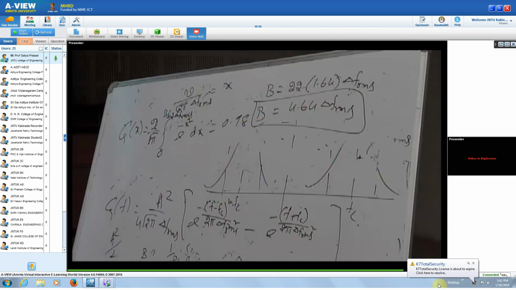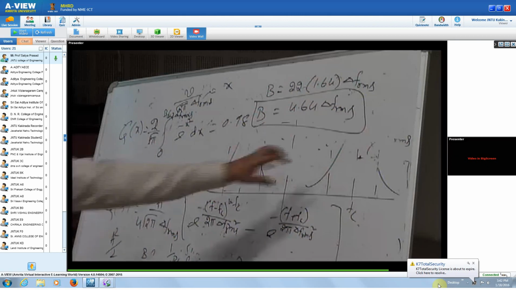This is the bandwidth required if the signal is of a Gaussian distribution with a variance of delta F RMS, because we will not have a single tone. This will be the bandwidth of the frequency modulated signal in terms of the Gaussian distribution.